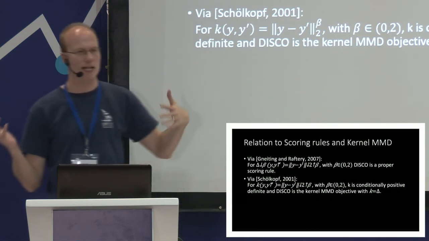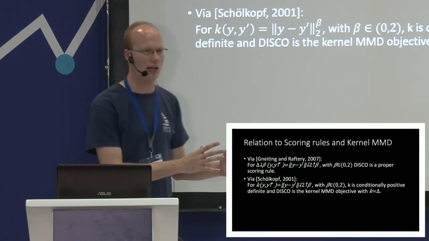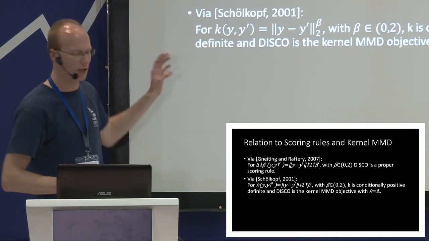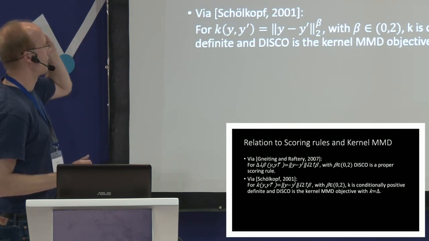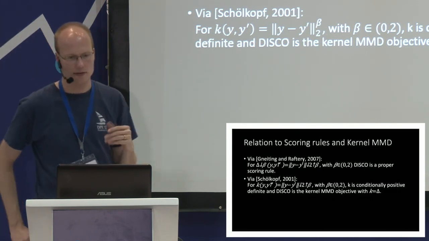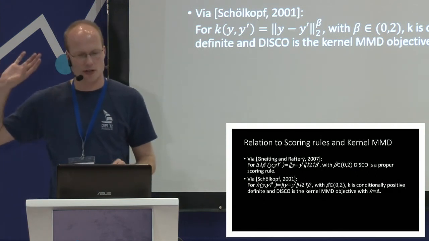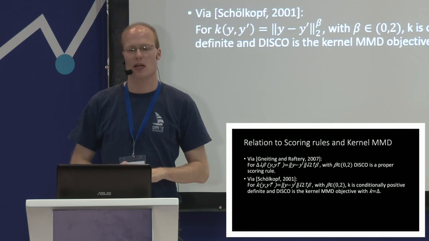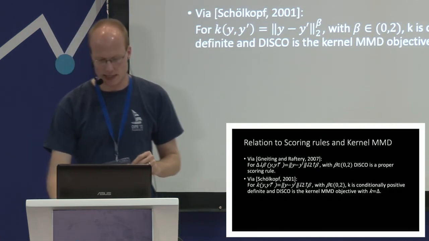So this is not a crazy idea. This actually precisely maps to kernel MMD for particular choices of loss functions. And also there's another theory from Tilmann Gneiting and Adrian Raftery related to proper scoring rules, which are statistical functionals which allow you to fit distributions. And there's also a link there. So it's not entirely crazy, and actually it worked for us.